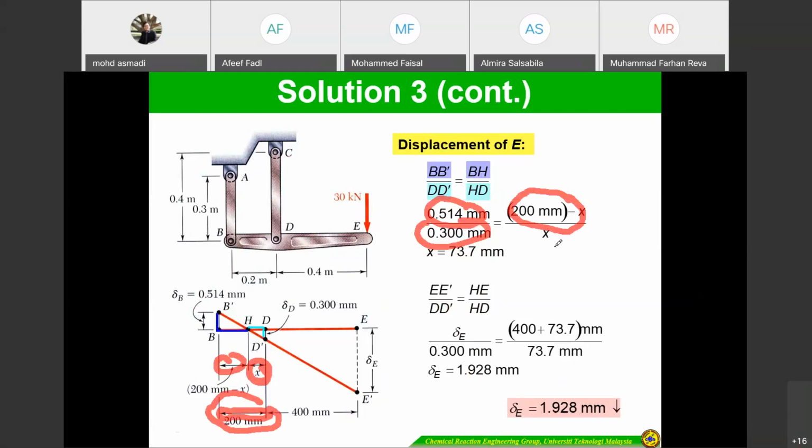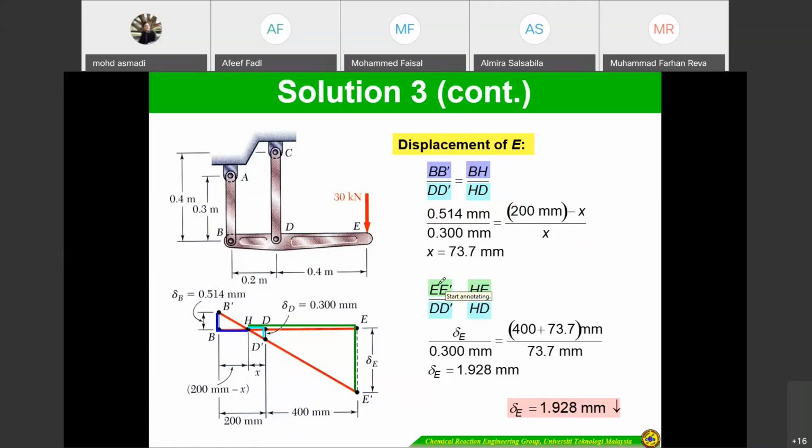And then divide by x, since HD is equal to x. So we can get x equal to 73.7 millimeter. Similarly, with the knowledge of the geometry, EE, HE, DD, and HD, this dark green with the light blue, just make the ratio so that we can get the deflection for point E.